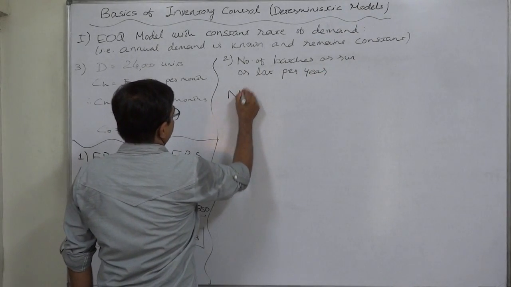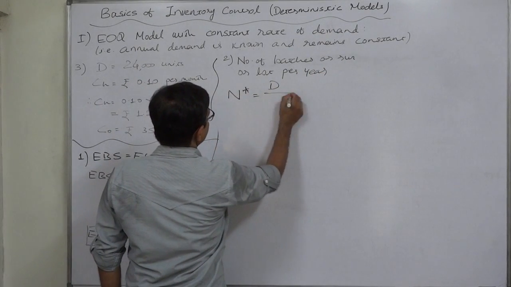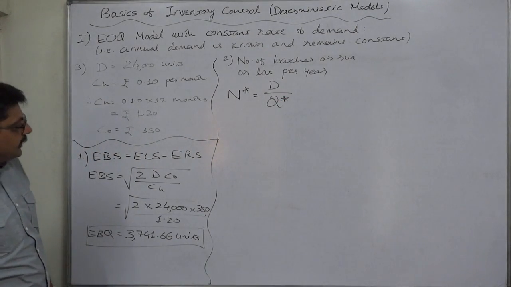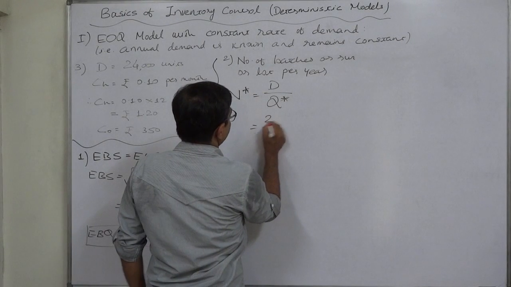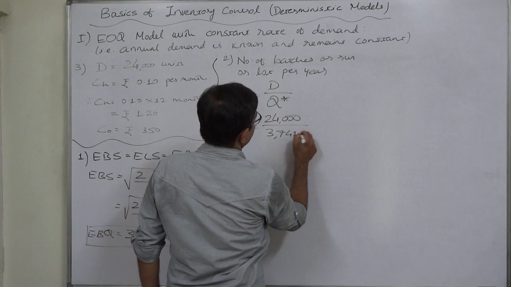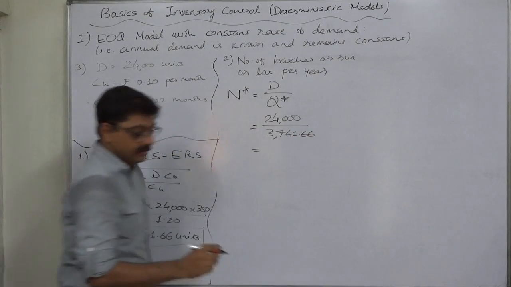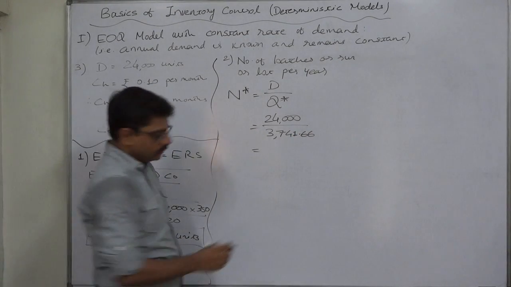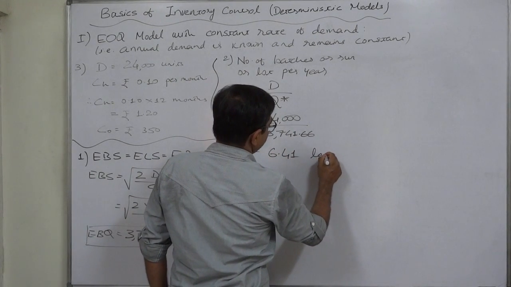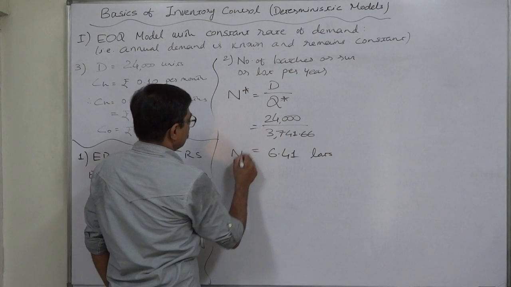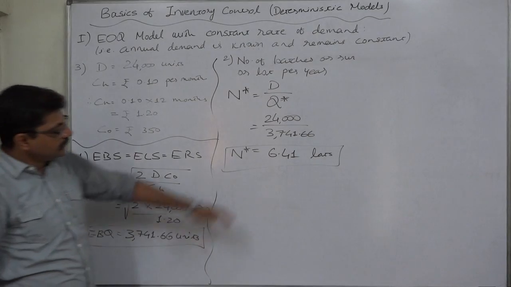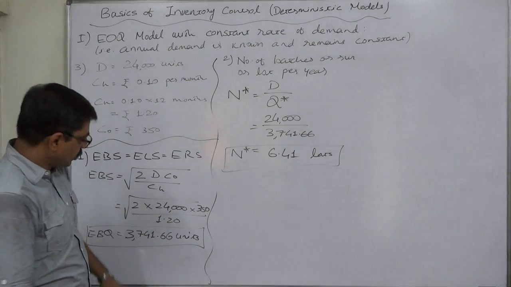That will be N star, and N star is demand divided by Q star, where Q star is exactly EBQ. 24,000 divided by 3,741.66 or say 3,742. So it comes to approximately 6.41 lots or batches or runs. During the year, the manufacturer should produce this much number of batches of this quantity.